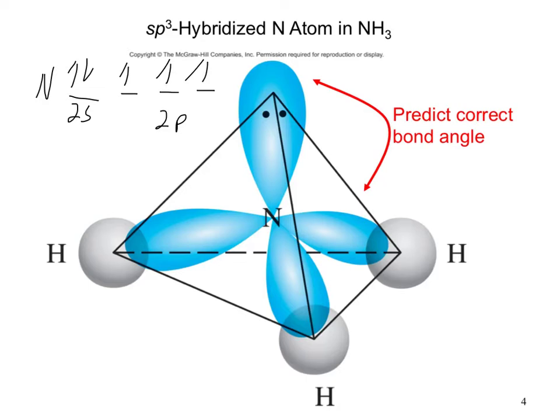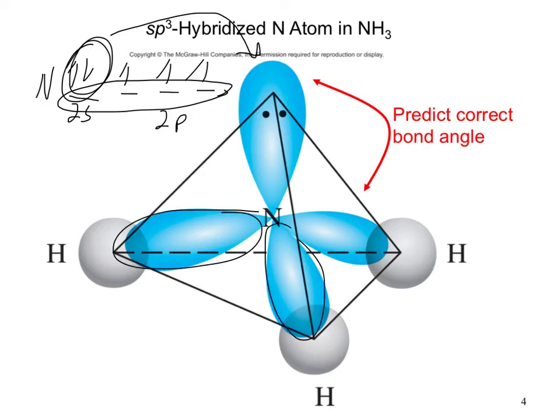Well, if the orbitals just all go ahead and mix, notice I'm still left with a pair. But that lone pair will occupy one of the sp3 hybridized orbitals. And then that still gives me these 3 available orbitals for bonding.